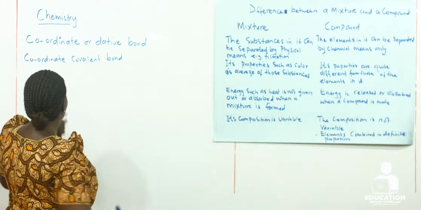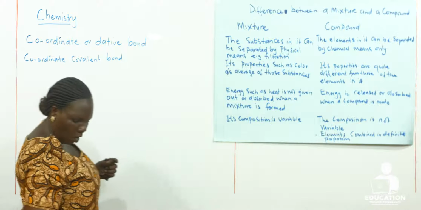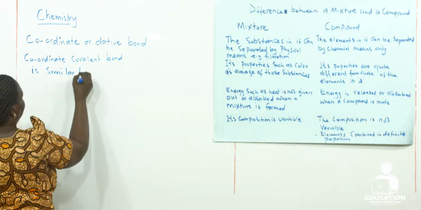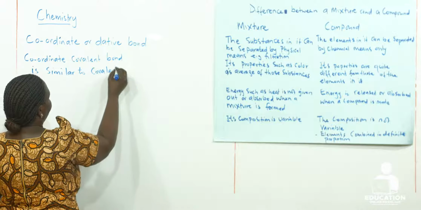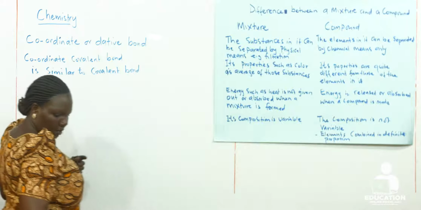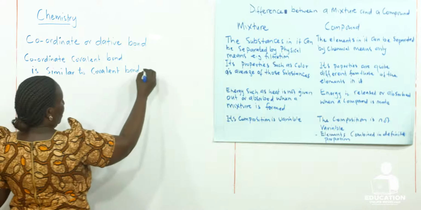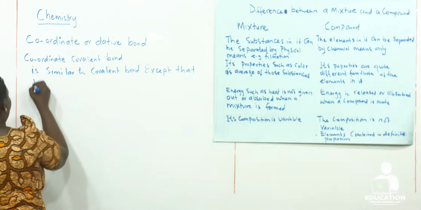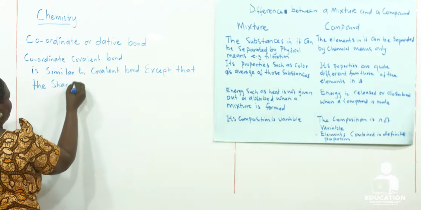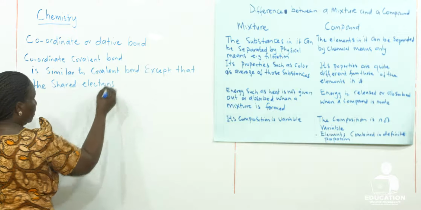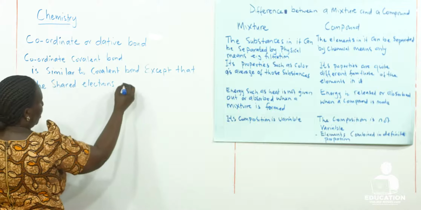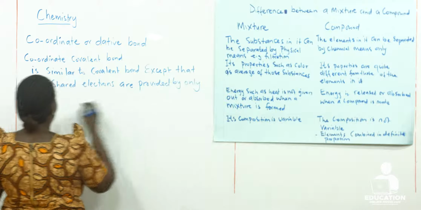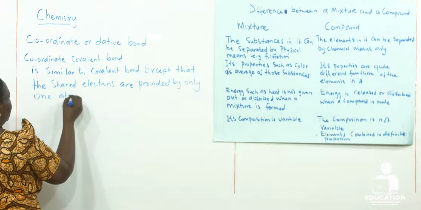So, by definition, coordinate covalent bond is similar to covalent bond, except that the shared electrons are provided by only one atom.